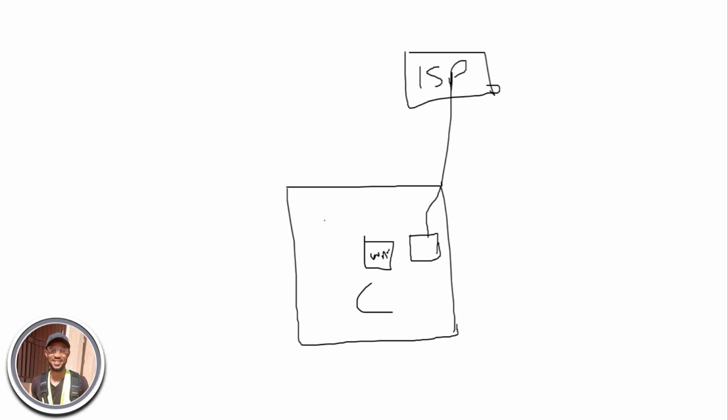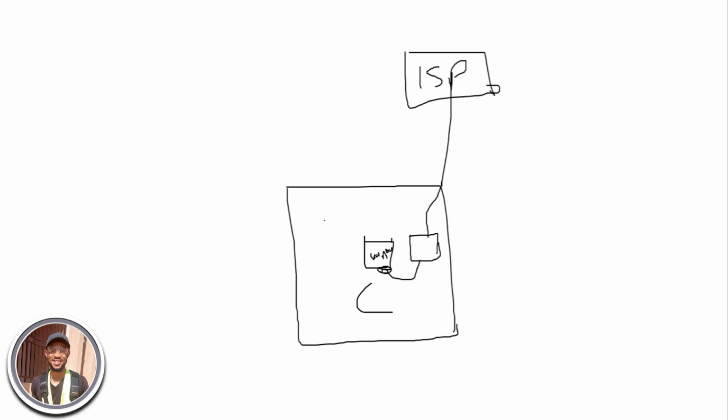Now there will be a public IP address which this ISP is going to give to the company to configure on this router, so that this router can receive internet from their radio. Okay, so they are going to give you a public IP address to configure on this one interface, so that any other devices that are connected to other interfaces of this router will have internet. So once this configuration is done, this router here is going to have internet.